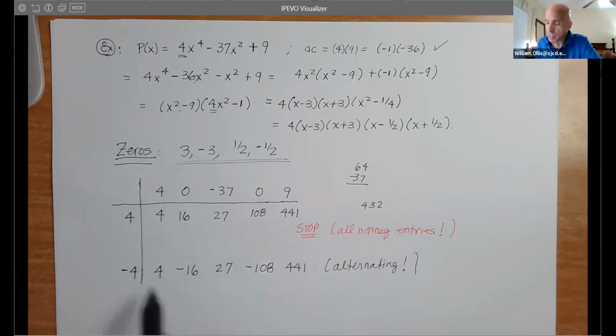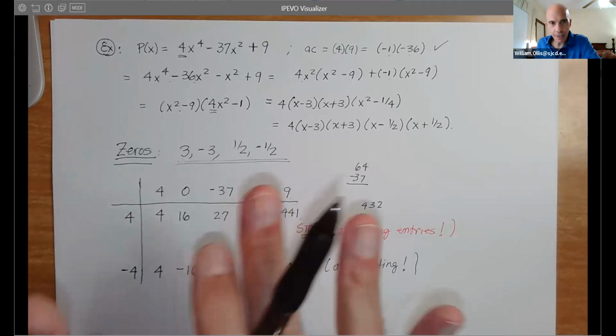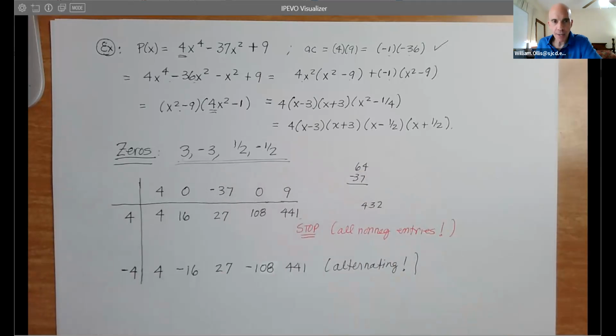But what I want you to see is that it's nice to have a really efficient illustration of this. So as you're working your problems and you try one of the candidates from the list, and you see that either one of these situations is exhibited, then you stop because there's no reason to move forward.